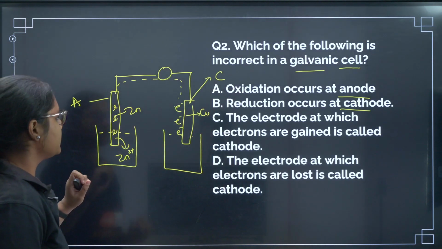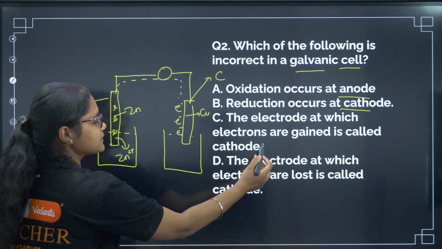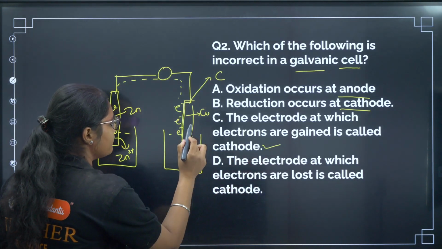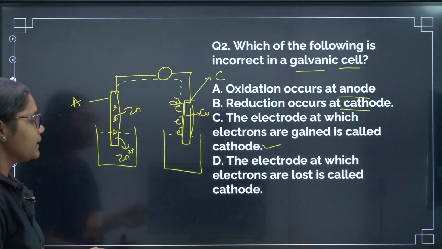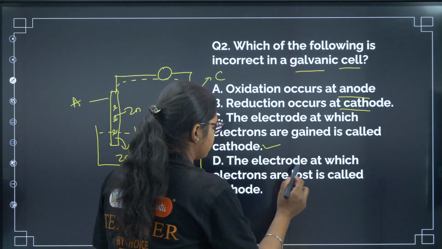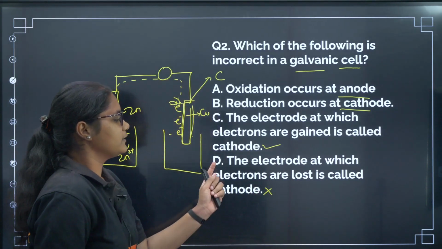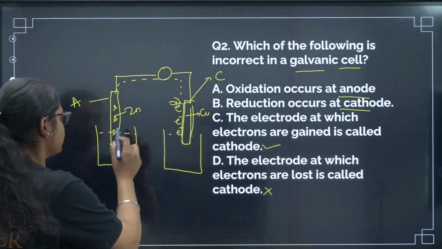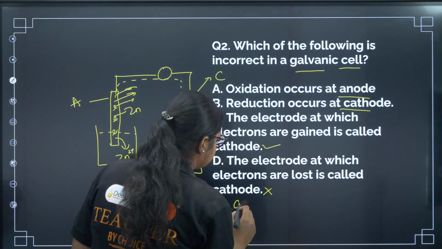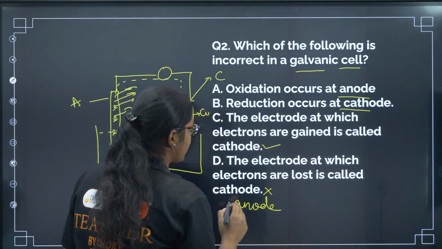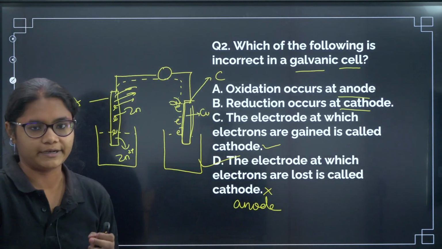The electrode at which the electrons are gained is called cathode. Yes, this is a correct statement. But you see the last statement, the electrode at which electrons are lost is called cathode. This one is a wrong statement. The electrode from which electrons are lost, that is your anode. So the correct answer for this question is option D. The incorrect statement is option D.